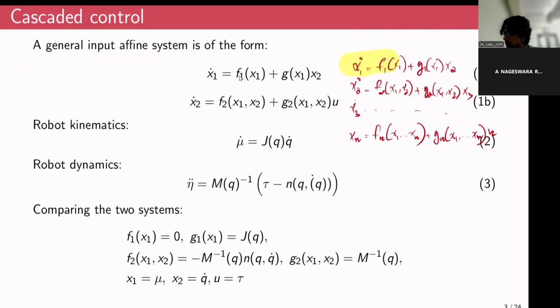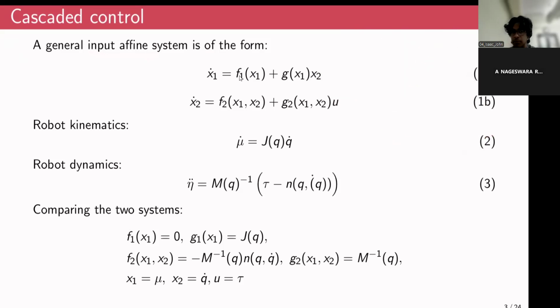If you take the case of our robotic system, we can also express it in an input affine form. The first equation, depicted in equation 2, is the well-known kinematic mapping between task space and joint space.